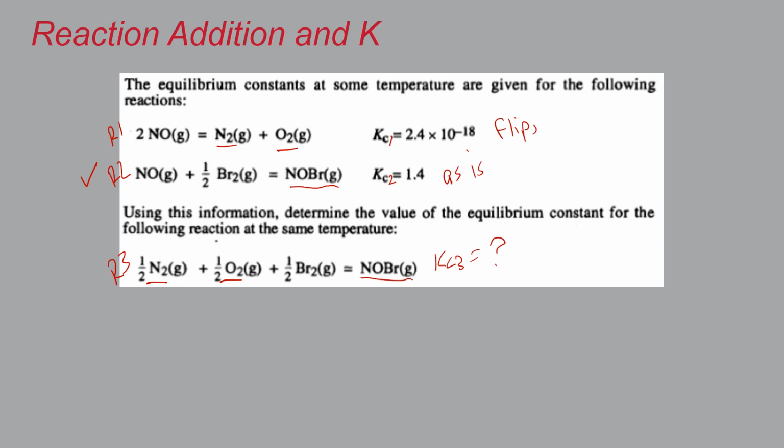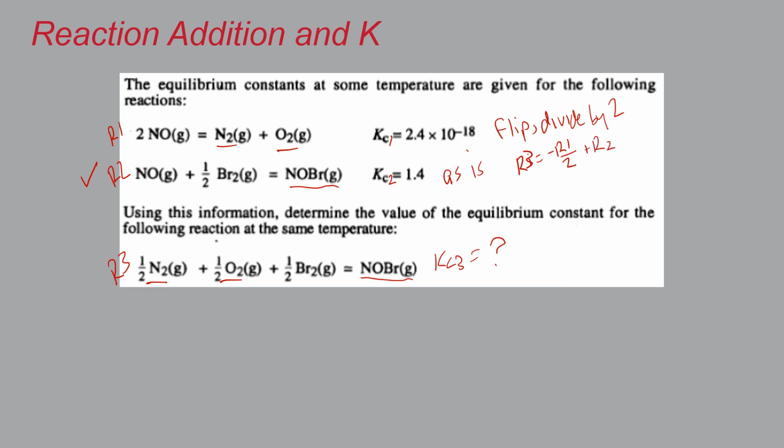And also, to get the stoichiometry to work, we're going to need to divide everything by 2, because in R3, it's a half mole of N2 and a half mole of O2. So our proposition is that R3 is equal to negative R1 over 2 plus R2.